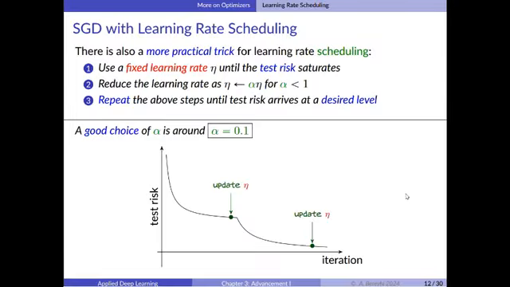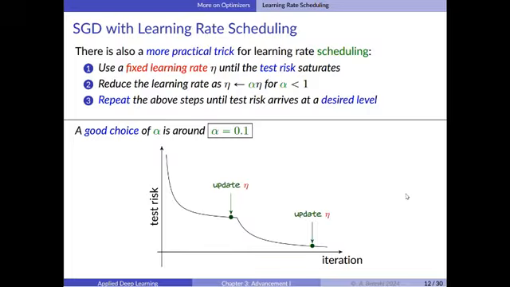You can see that we can use a fixed learning rate until the test risk saturates, and we then reduce the learning rate. Eta can be updated as alpha times eta for alpha smaller than 1, because it should be reduced, and we repeat the above steps until the test risk arrives at a desired level.